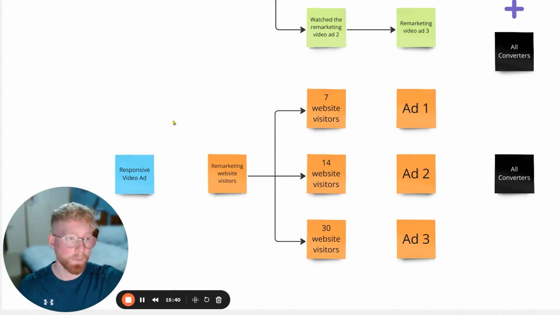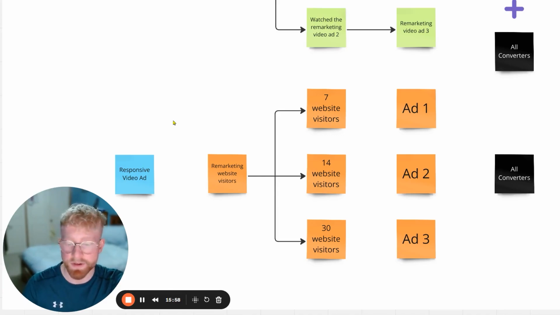I forgot to add 2 more exclusions here. So 7-day website visitors, obviously you're targeting that. For 14-day website visitors, you want to exclude 7 days from this audience. Again, it's a sequence, so you don't want these 2 audiences to overlap.